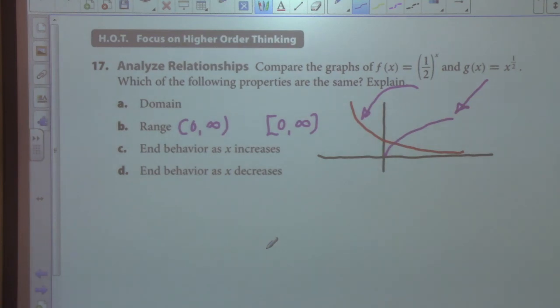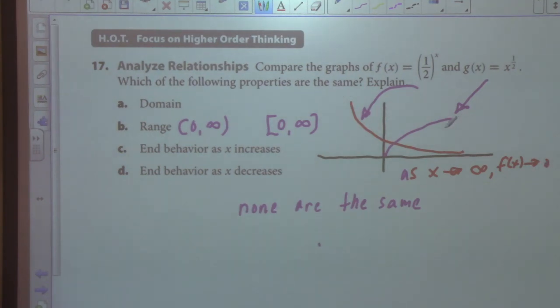E, none of the above. It says none of them are the same. As x increases, they both get bigger, don't they? No, that one gets smaller. Yeah, so the end behavior for this one here, the red one, I'm going to write in red: as x approaches infinity, f of x approaches 0.